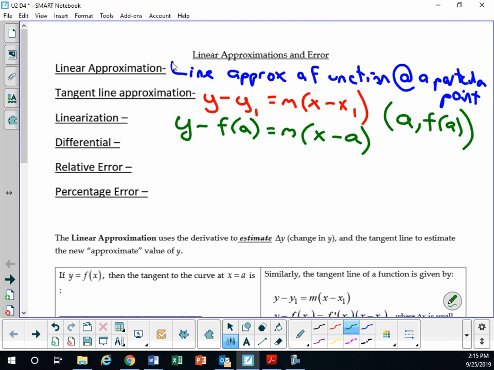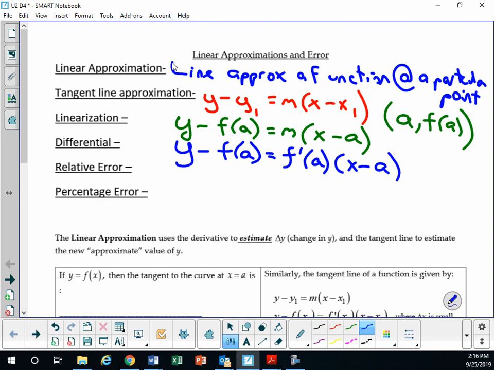Well, if we think about this, what does m represent but the slope of the tangent line at a particular point? So can't I rewrite this as y minus f of a equals f prime of a times x minus a? Again, I now replace the slope with the derivative, because that represents the slope.